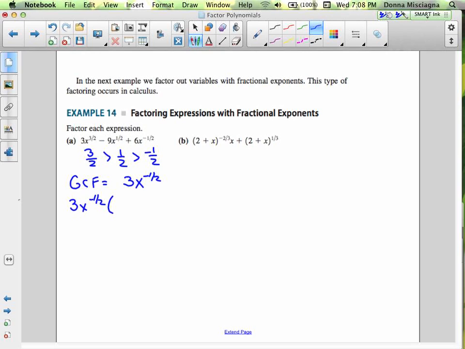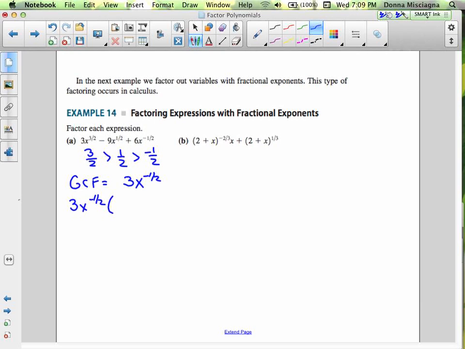We're going to divide each of these terms in the expression by 3x to the negative 1 half. I'm actually going to write out the subtraction for the division. Remember, we subtract exponents to divide like bases raised to a power. I think it will be easier for you to follow along and you'll be less likely to make mistakes.